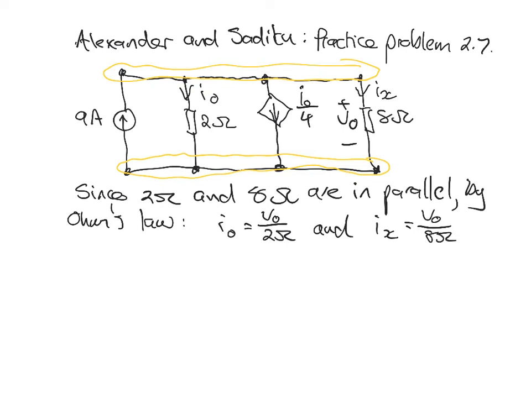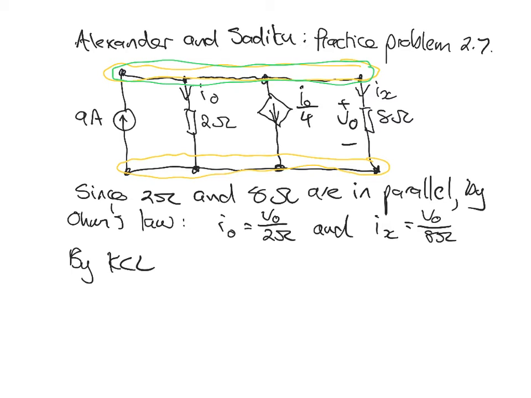And now we can write the Kirchhoff's current law equation at this node. So we can say by Kirchhoff's current law, and remember Kirchhoff's current law says that the sum of the currents flowing into a node is equal to the sum of the currents flowing out of the node.